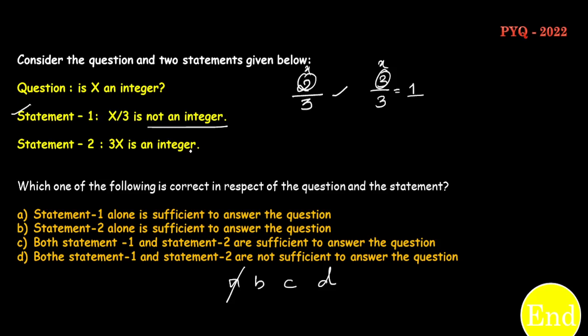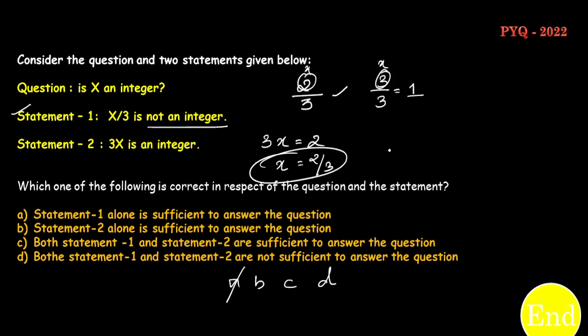Statement 2 is: 3x is an integer. So let's take 3 times the x value. Let's take any one value. So 3 into 2 is an integer. I will take it like this: 3x is an integer, equal to 2. Can I take it like this? Look at this. x is equal to 2 over 3. This is not an integer.